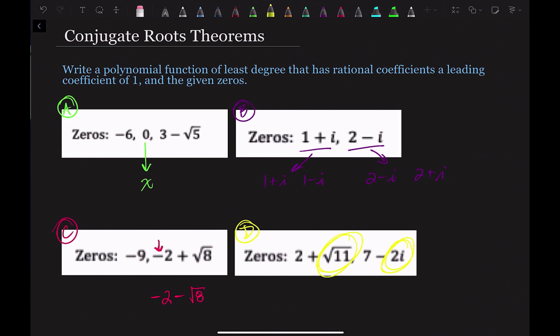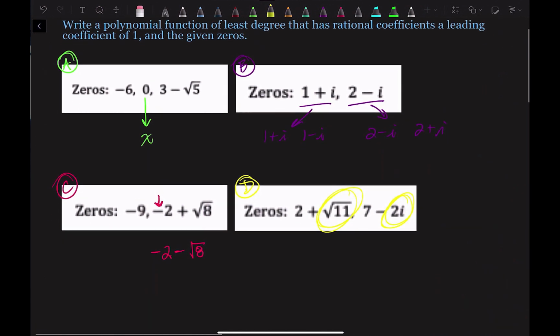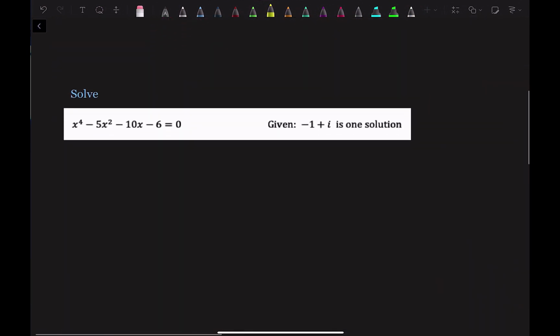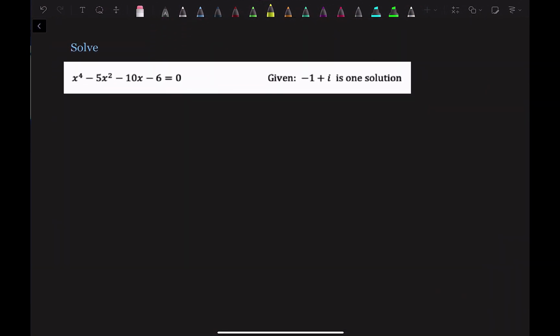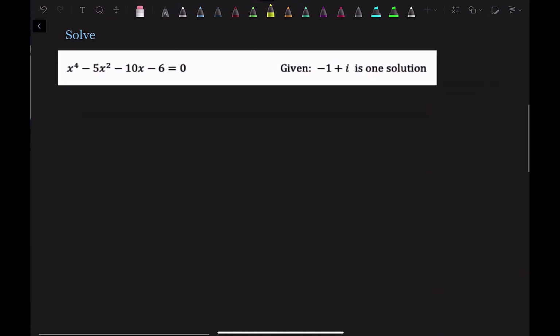And where are we headed? Is this the only type of problem that we're going to see? No. In fact, this is certainly one of them that we will see moving forward, but we can also use this technique to solve. Again, we kind of have to have a hint at this point, but if we know that we have one complex number as a solution or one irrational number as a solution, we should automatically get a bonus.